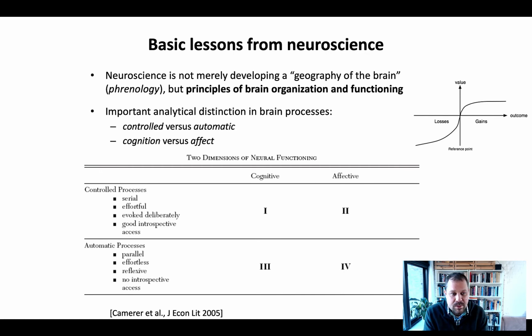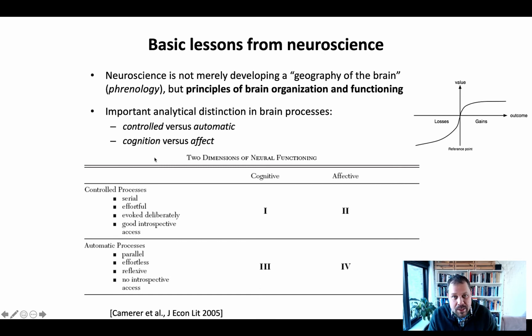One important analytical distinction in brain processes, made by an economist, Colin Camerer, is controlled versus automatic processes and cognition versus affect. You could see that distinction earlier in cognitive neuroscience versus affective neuroscience. But let's have a look at this. What Camerer developed is this two-dimensional model of neural functioning.